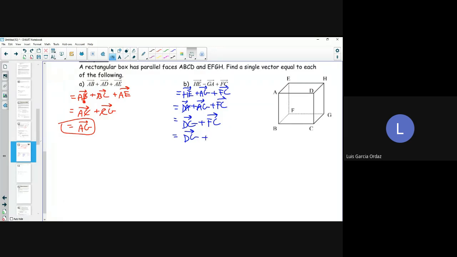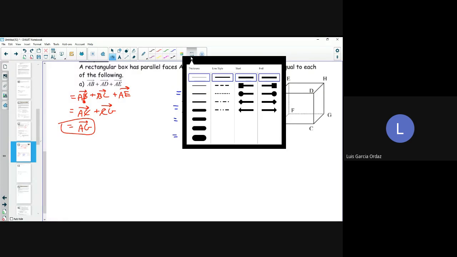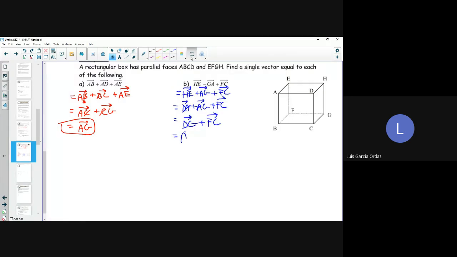So DG is the same thing as saying vector AF, my apologies, plus vector FC, which is the same thing as saying vector AC.